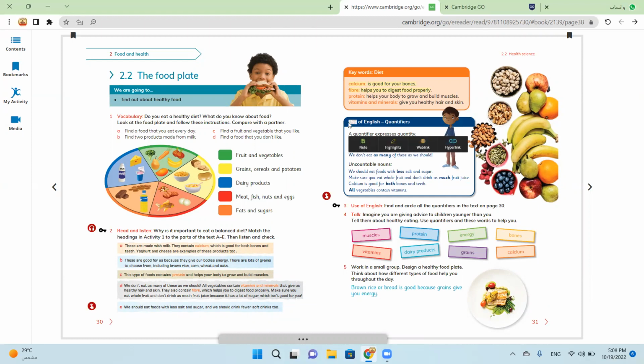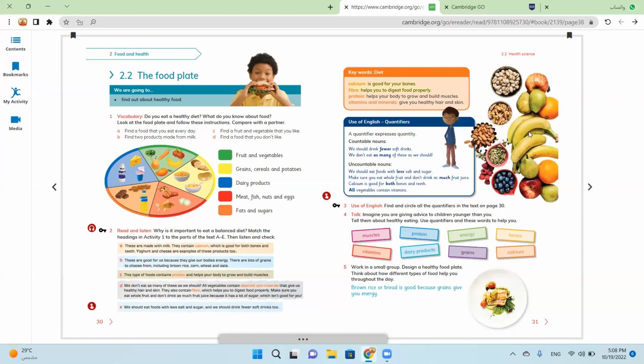Now we move to the grammar part of this lesson. Quantifiers. The quantifiers express quantity, a number. Okay, so countable nouns and uncountable nouns. Let's say, for example, we want to talk about bananas.